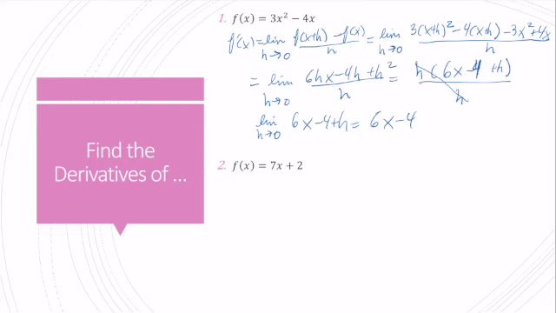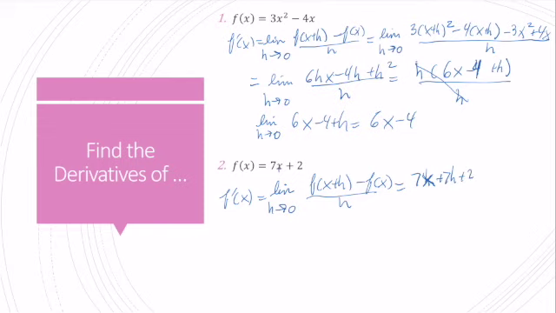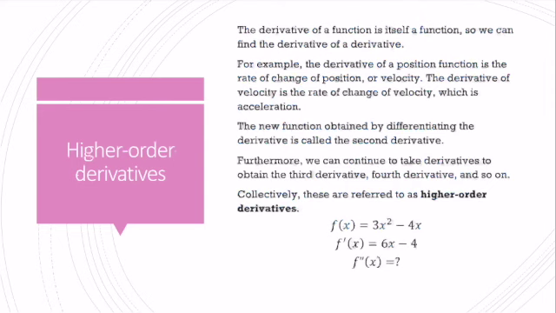Next, same thing. I have the derivative is the limit as h goes to 0 of f of x plus h minus f of x over h. Because I'm plugging x plus h in, I get 7x plus 7h plus 2, and then I'm subtracting 7x plus 2.